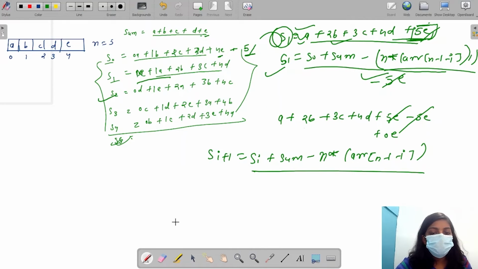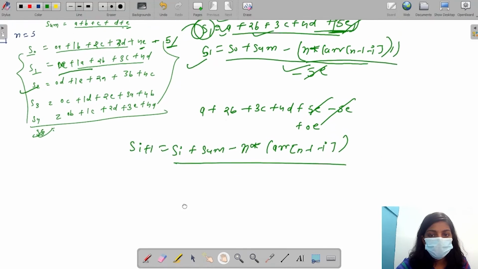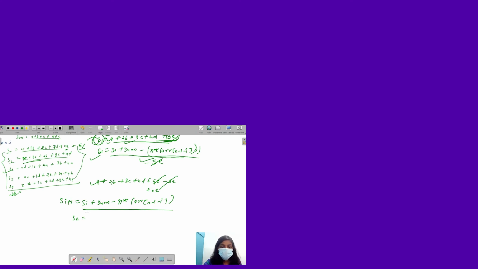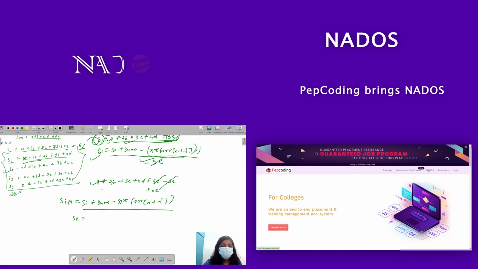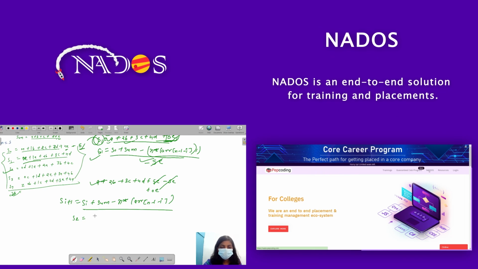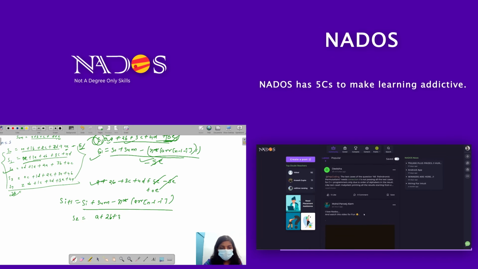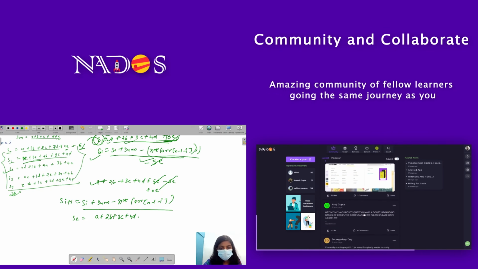Right? So let's say if I have to calculate S2 now, to calculate S2, I have to add sum to S1. So now this is my S1, which is equal to A plus 2B plus 3C plus 4D plus 0E.